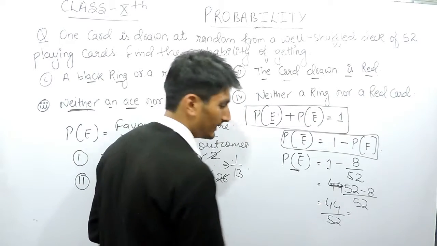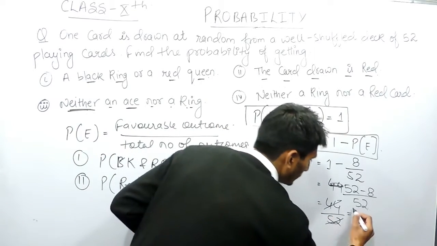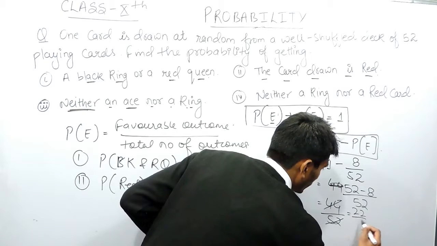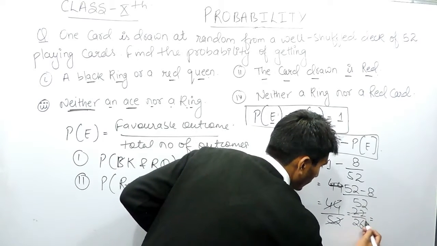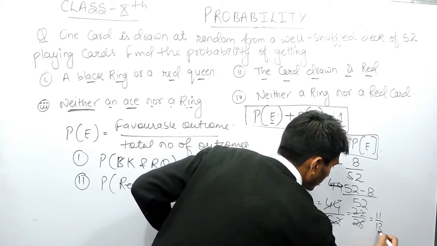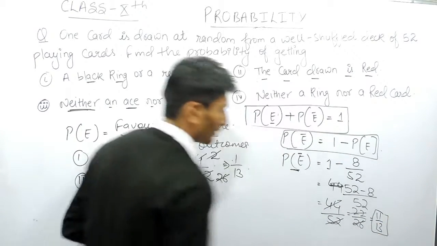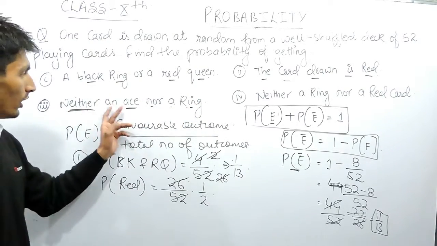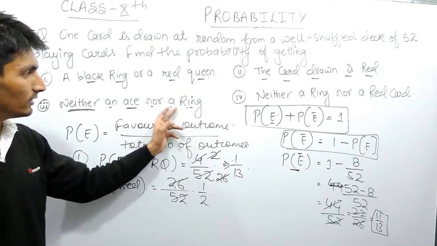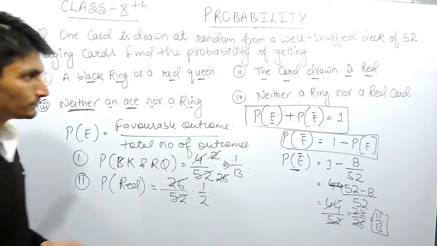This will be the probability here. If I further cancel this out, this will be 22 upon 26, or you can say 11 upon 13. So this is the probability of neither an ace nor a king coming here.